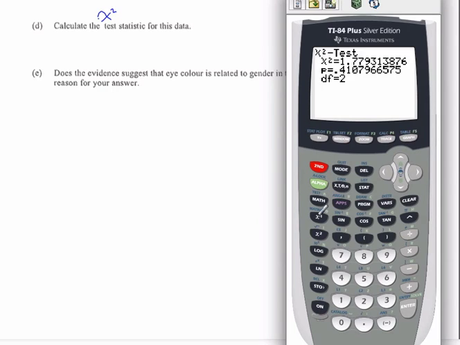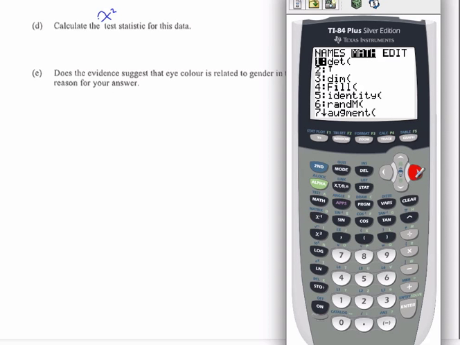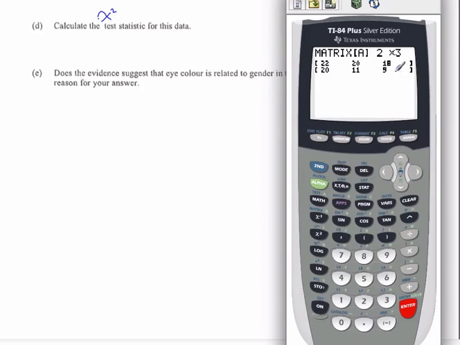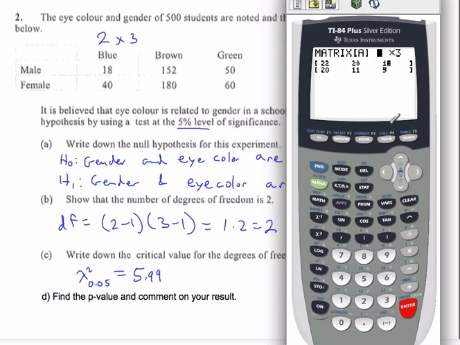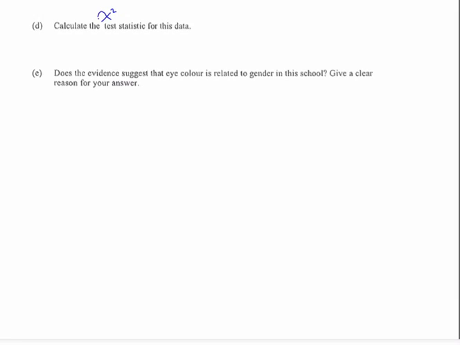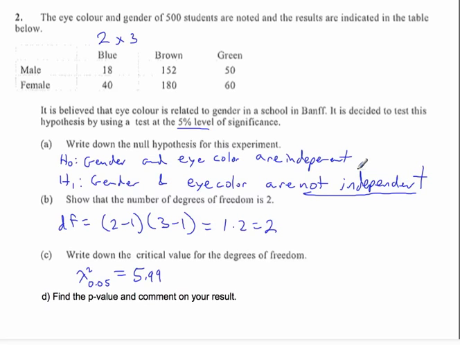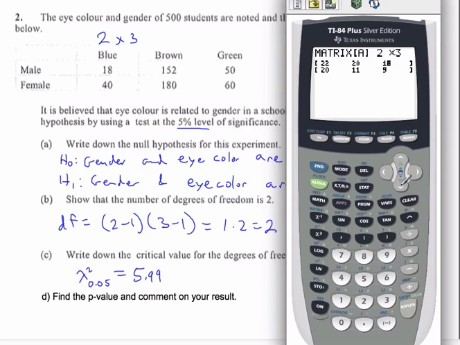So I go to second function, matrix, make sure I go to edit. Should be 2 by 3 if you don't already have 2 by 3. And I'm going to type in this data.